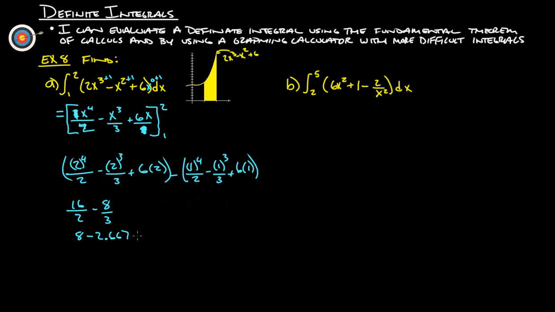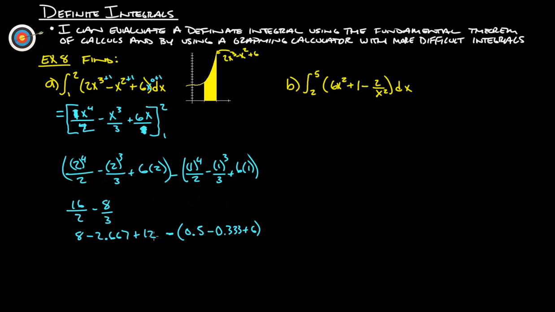And then plus 6 times 2 is 12. And then we're going to subtract all of this. 1 to the 4th is 1 over 2, which is 1/2. Since we did decimals over here, let's do decimals over here, 0.5. 1 cubed over 3 is minus 0.333. And then plus 6 times 1 is plus 6.